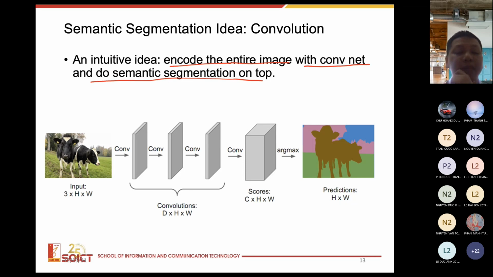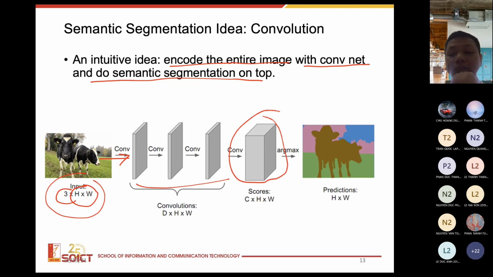For example, here we have the input image with a specific size and 3 channels. We put the entire image into the convolutional network consisting of different convolution layers, and then we have the final activation map with the same size as the input image.